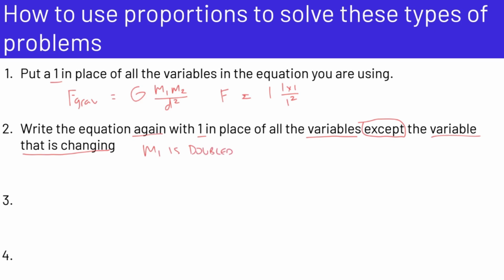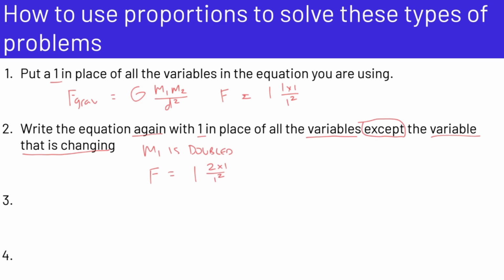So we write the equation again with 1 in place of everything except what's changing. Now we have F is equal to 1. Mass 1 is doubled, so now we have 2 times 1, and everything else stays the same. Okay, so now we have this situation.